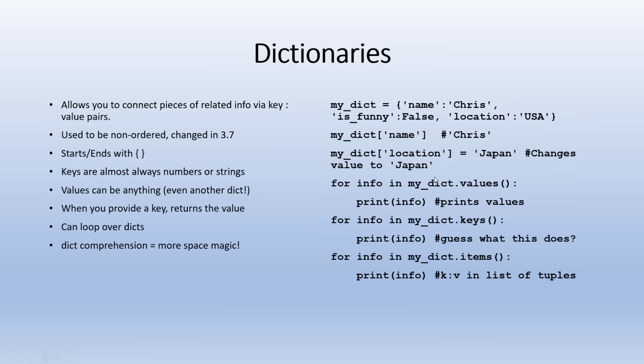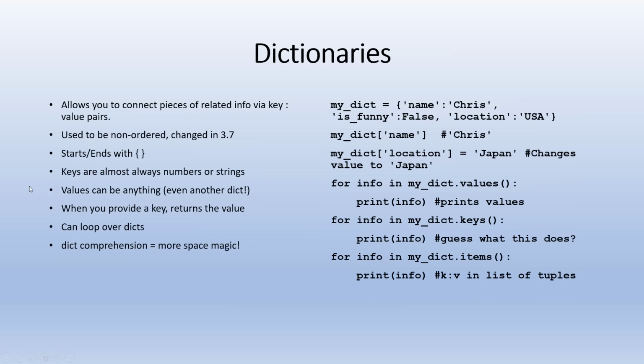What this does is it references the dictionary values, and then it iterates through, and it uses this as a variable to then perform an action, which in this case is print. So almost always numbers and strings, but values can be anything in the dictionary. Provide key to the value. Loop over dictionaries. Oh yeah, and then dictionary comprehension, more space magic.